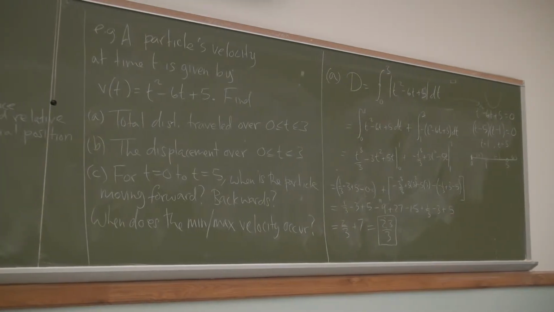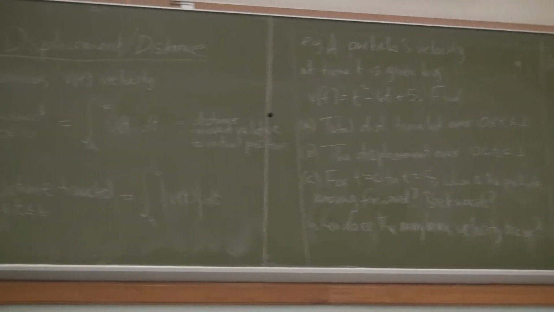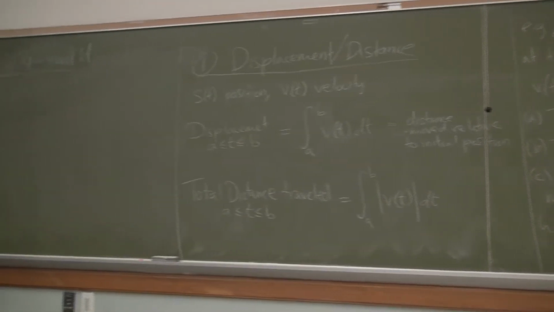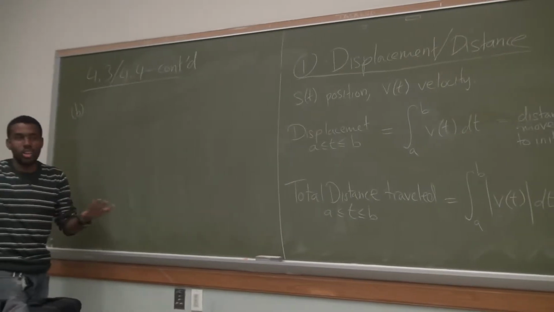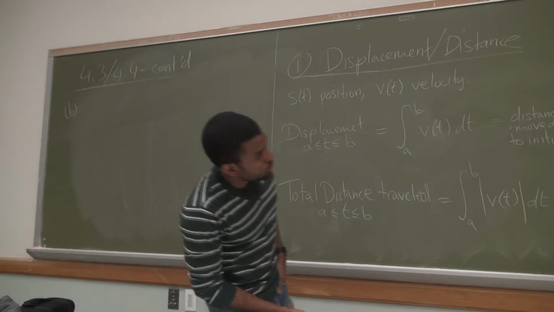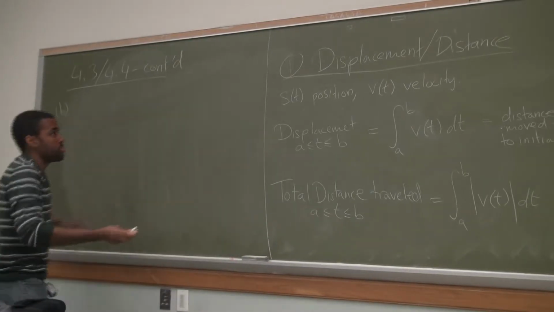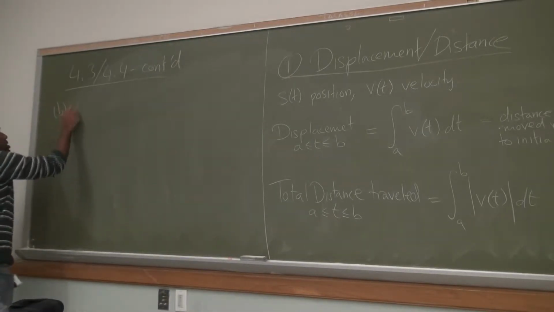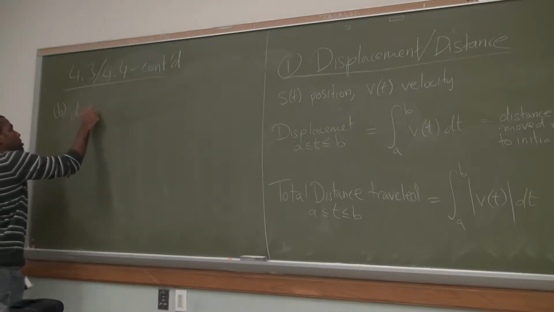Okay, so B, right? Because you always have something plus c minus something plus c. You'd always have the minus c minus c. Okay, so now if we want to find the displacement, then we don't have to split anything up. We just take the definite integral.